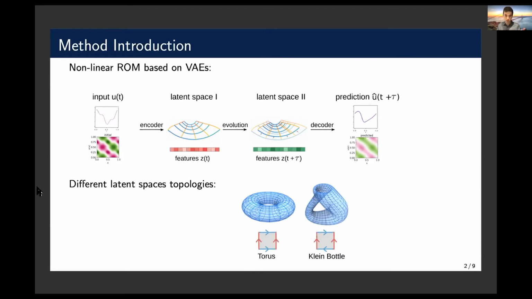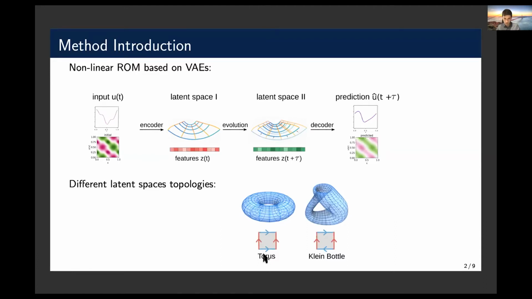So you might have some system which is well described by two latent variables, but as you can see here for the torus and for the Klein bottle, the boundary conditions end up making the latent space non-Euclidean.